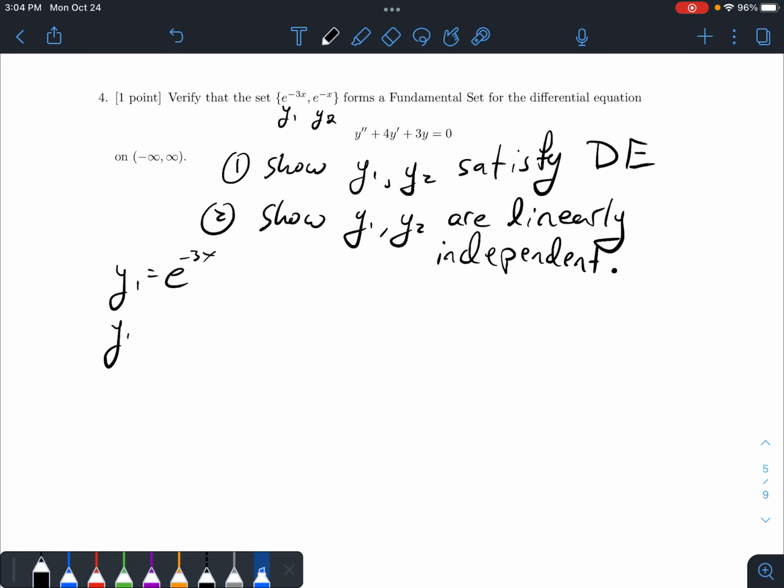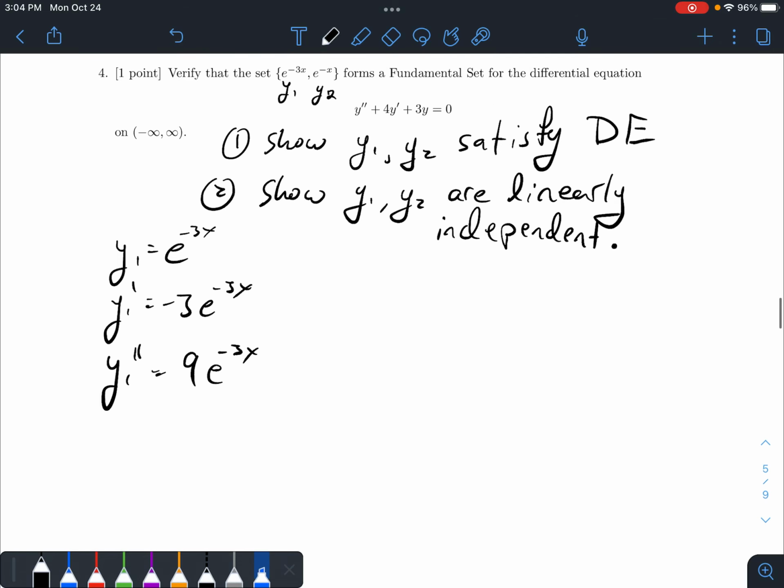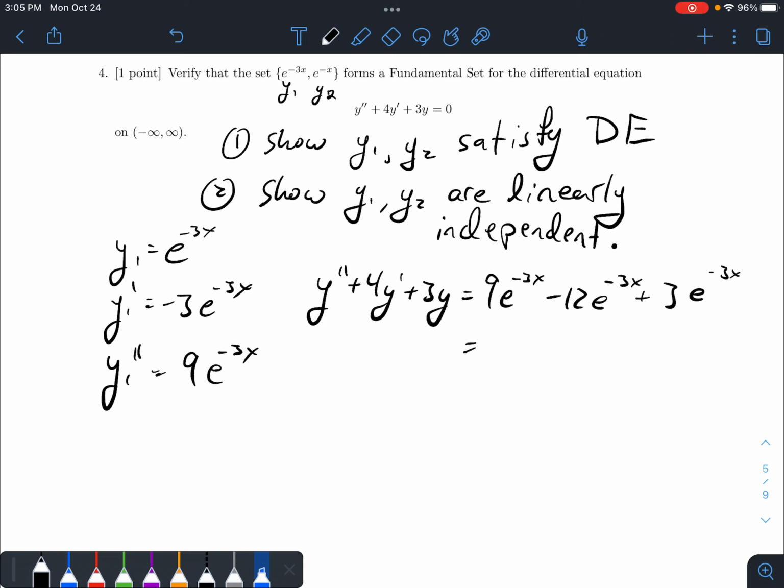So y1 is e to the negative 3x, y1 prime is negative 3 e to the negative 3x, y1 double prime is equal to negative 3 times negative 3 e to the negative 3x, so positive 9. That's our coefficient, and then plugging into our differential equation, we get 9 e to the negative 3x plus 4 times negative 3, which is negative 12 e to the negative 3x, and then plus 3 times y, which is e to the negative 3x.